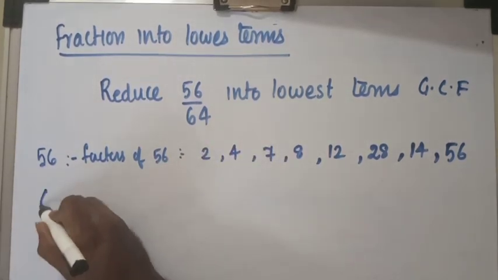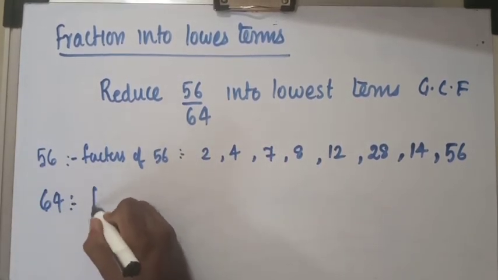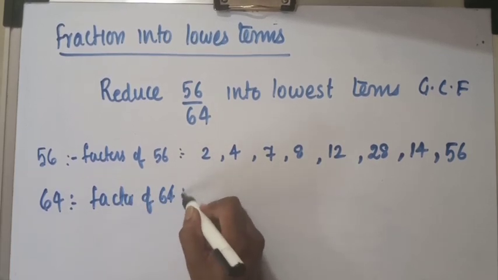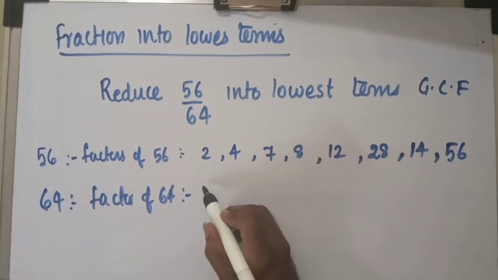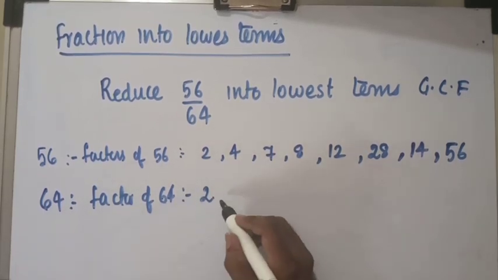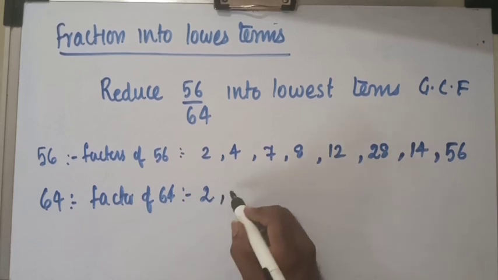Now let's find the factors of 64. 64 goes in the table of 2, since the last digit is even. It doesn't go in the table of 3.